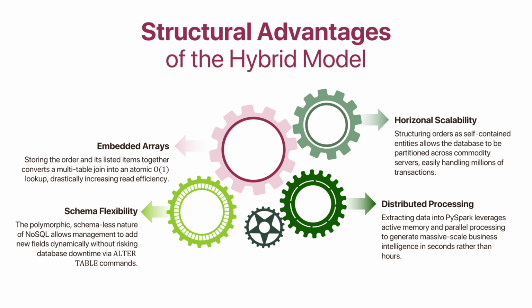Thirdly, the polymorphic schema flexibility allows developers to dynamically introduce or alter new attributes like promotional codes, item names, and delivery tags without risking system downtime through rigid alter table migrations. And finally, integrating PySpark introduces distributed in-memory processing, which turns hours of analytical workloads into mere seconds.